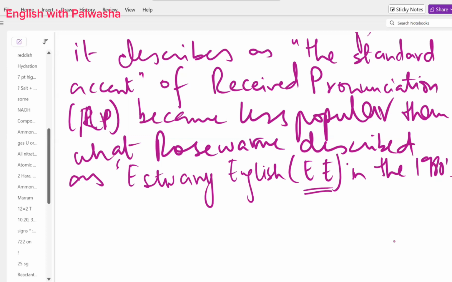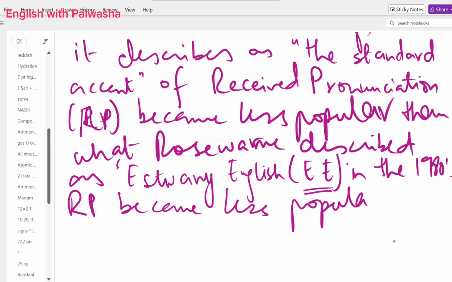So, my dear friends, in this estuary English, double E, in the 1980s, what we are going to do is begin with the short form that received pronunciation became less popular than what Rose described as estuary English.